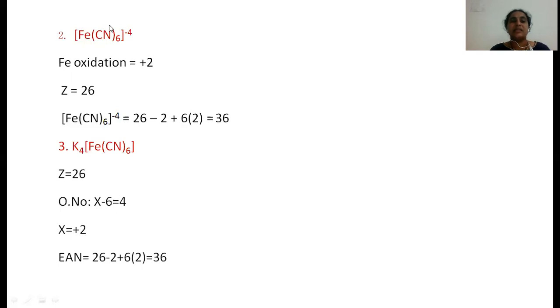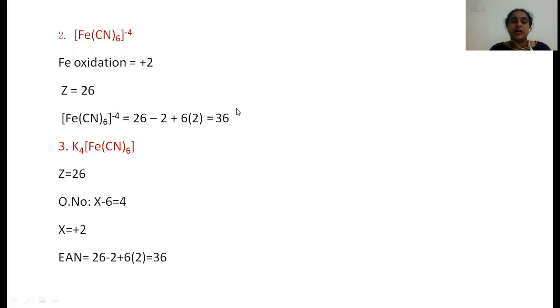X minus 6 equals -4, therefore the oxidation number is +2. To calculate the EAN: atomic number 26 for iron, minus oxidation number 2, plus the number of ligands, 6, times 2 electrons donated by each ligand. Calculating this, we get 36.